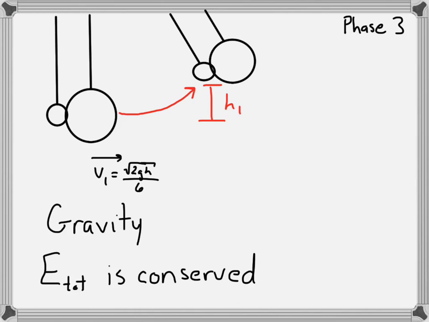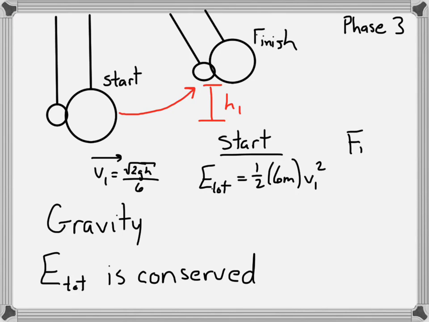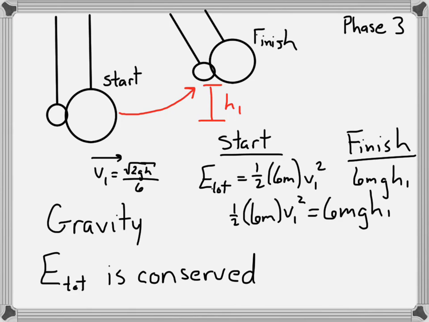This is the exact opposite process of phase 1. So now we start with kinetic energy, and we finish with potential energy. The total mechanical energy is conserved, so I can set these two equal to one another.